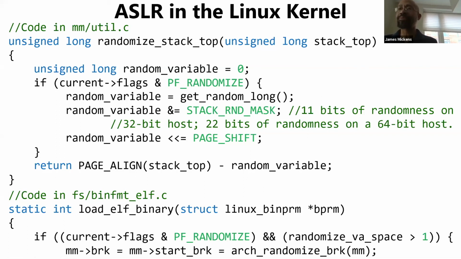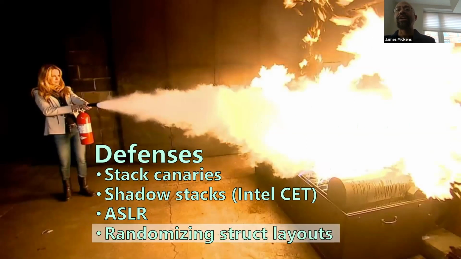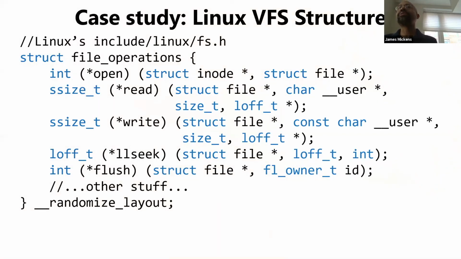Okay, so moving on. Now we're going to talk about another defense against some of the attacks that I just mentioned. It's a pretty straightforward one, and it involves randomizing the layout of structs. So let's take a look inside of Linux's VFS structure. VFS is the virtual file system.